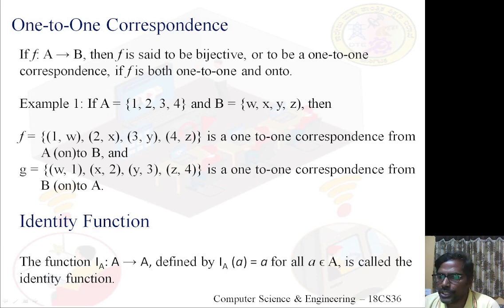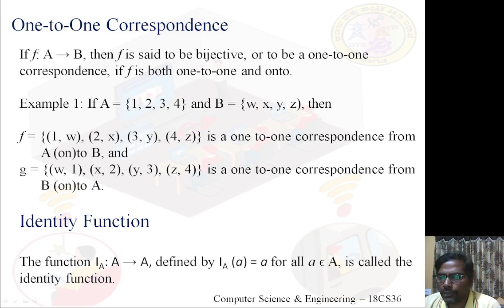For the function g, domain is B and codomain is A. So let me analyze whether the function g from B to A is 1 to 1.